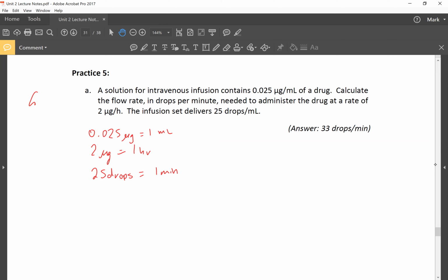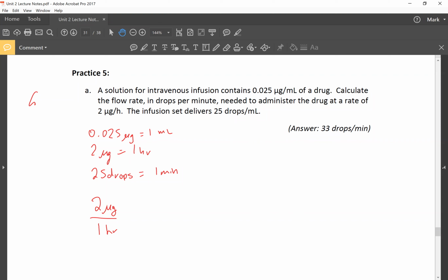I'm going to do this slightly different than the solutions say. I'm going to start here: 2 micrograms per 1 hour is what we need to deliver. Sorry, my mu's look like an M. That's a micro, or mu. I'm not the best at drawing that, but that little squiggly M means micro.